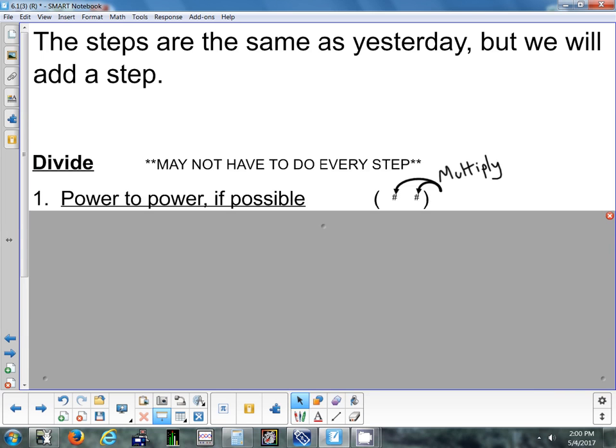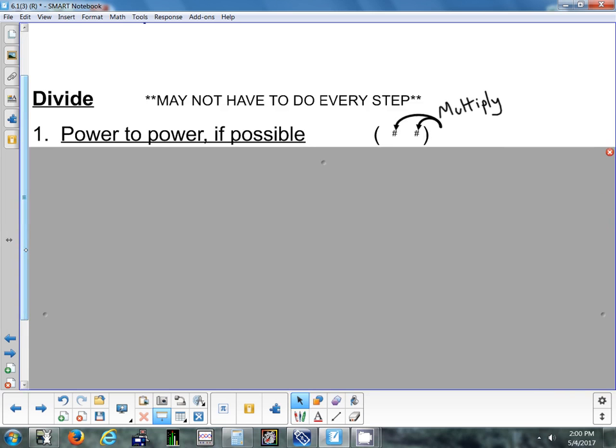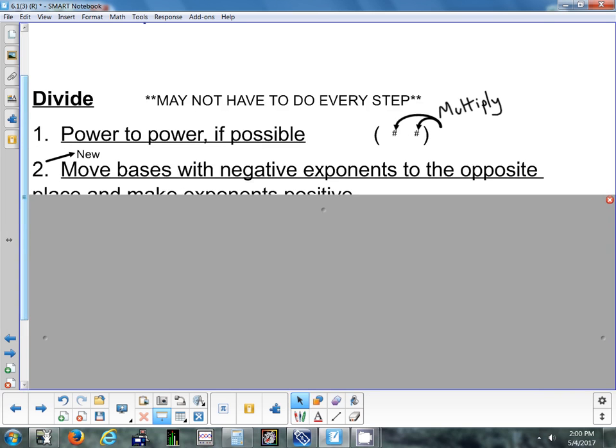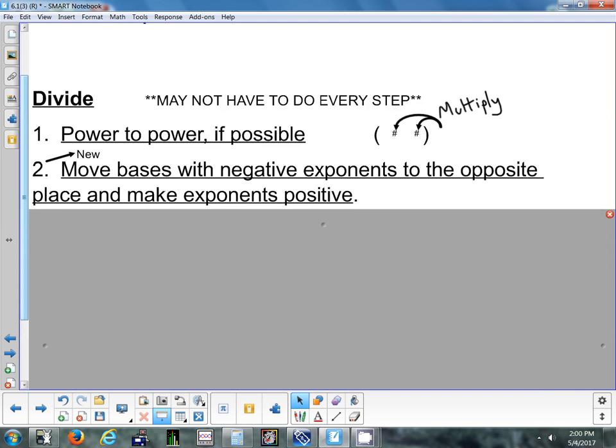Now this is when we get into what we talked about today. Step 2 is going to be new. Everything else after that is going to be the same as yesterday. So here's the new thing, like we've been talking about. We're going to move bases with negative exponents to the opposite place. We already talked about it in our rule. If it's in the top, move it to the bottom.